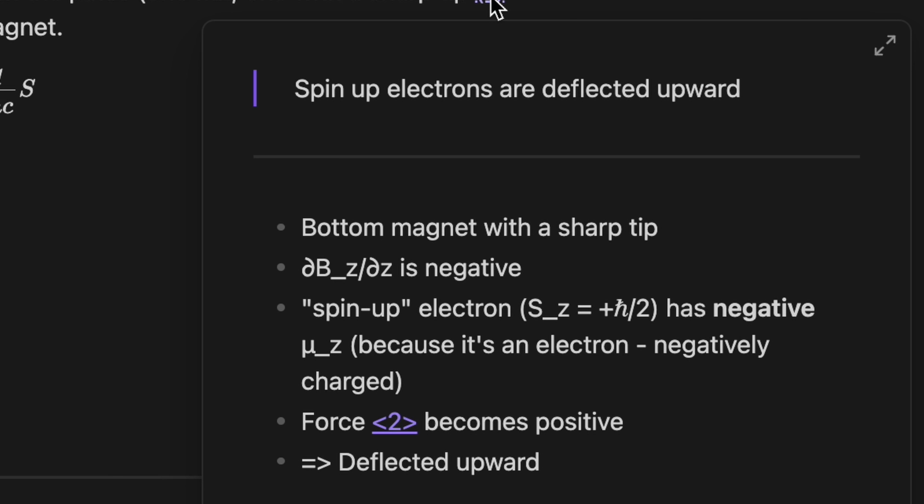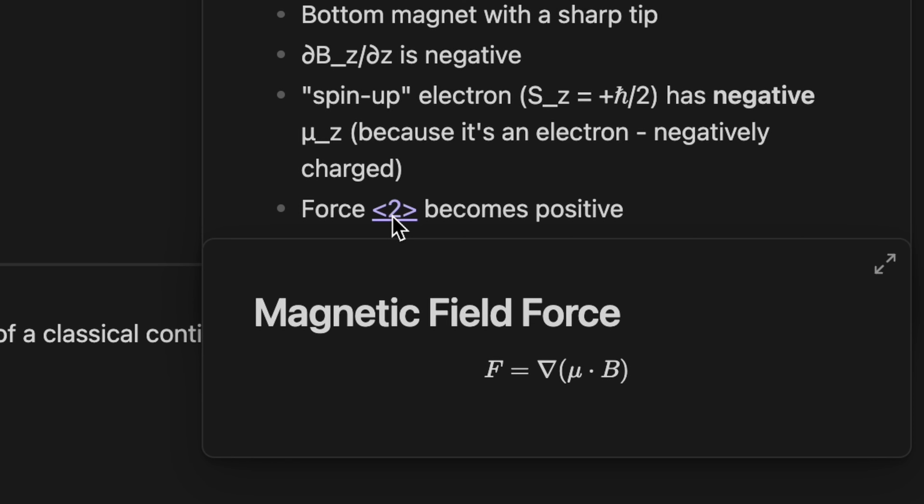Basically, the sharp tip makes the magnetic field stronger near the bottom magnet. As we go up along the x-axis, the derivative of the magnetic field with respect to z is negative because the field decreases. Because the electrons have a negative magnetic moment, spin up corresponds to a positive force along z. And I have the formula for the force right here.